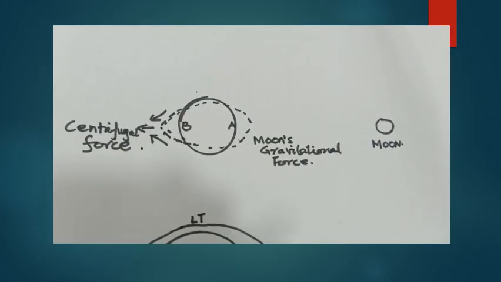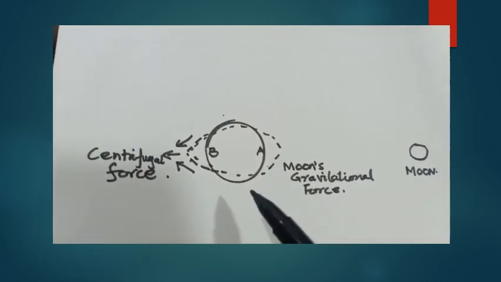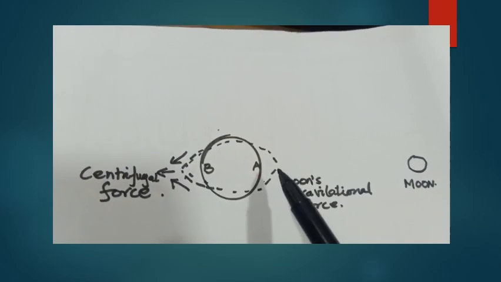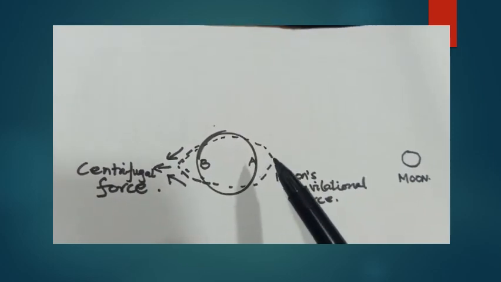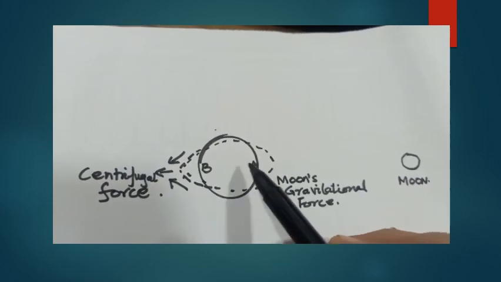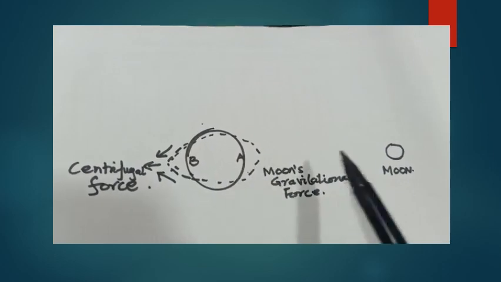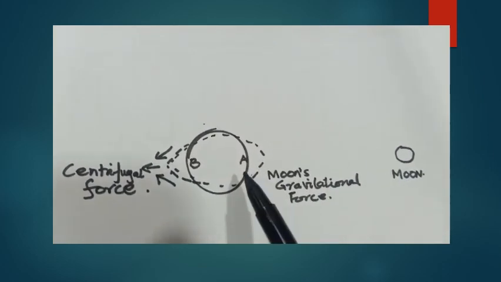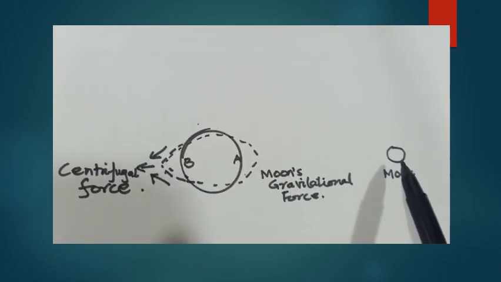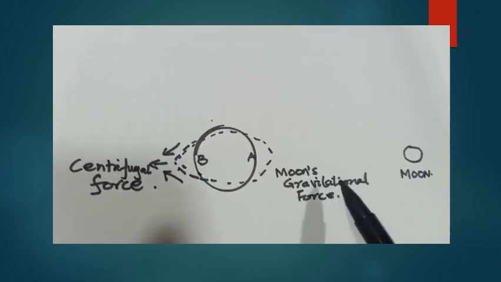Now a brief recap of what we had done in the previous class. Let us say these are two points on the surface of the earth, point A and point B. Point A, which is facing the moon, will have a high tide because of the gravitational pull exerted by the moon.